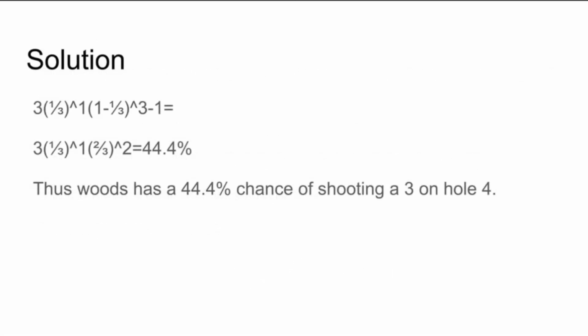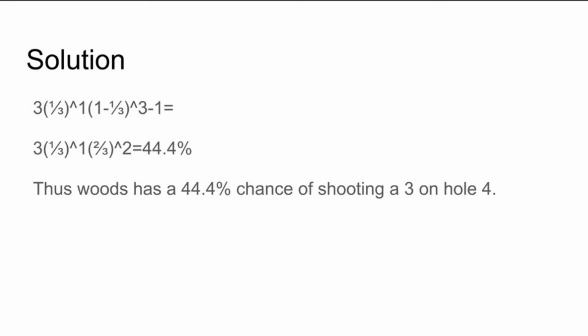So when talking about the solution, we're going to start with N choose X, and that's just talking about choosing, where you're choosing one thing given 3 things. You have 3 options there. Then we're going to talk about the other parts, which is going to be the probability Tiger shot a 3, which was 1/3, raised to the number of times he shot a 3, which was 1.